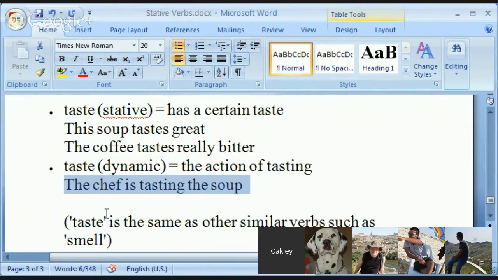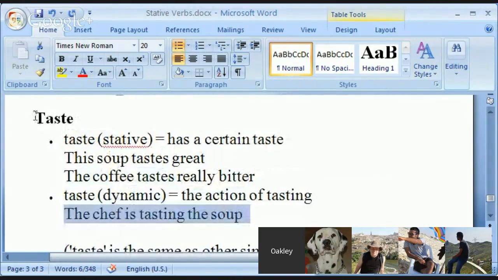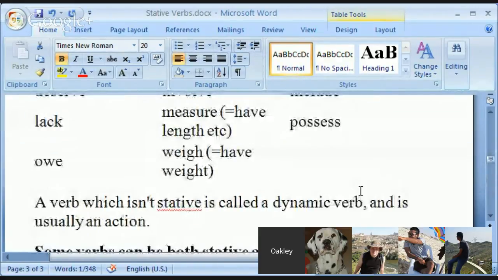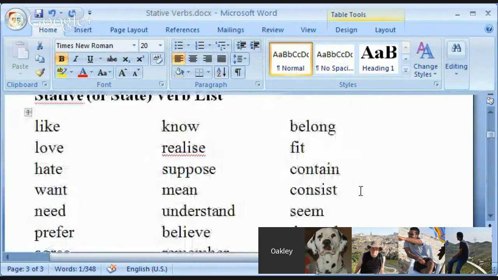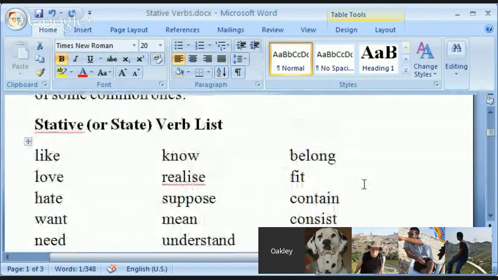Again, you're going to see a lot of verbs that have to do with your senses, which can be stative or dynamic. All right, now, knowing how that works, let's talk about some of these verbs on my list here.